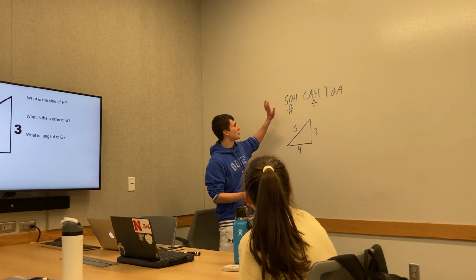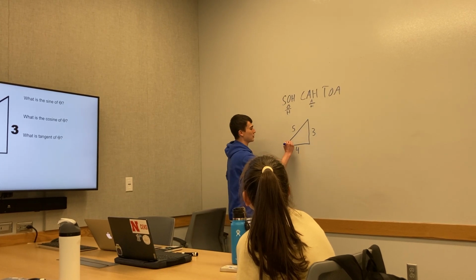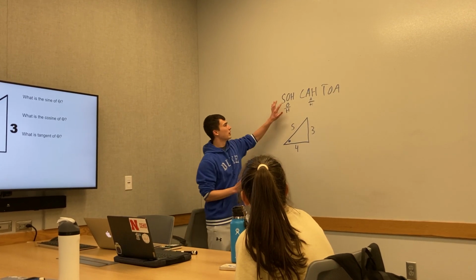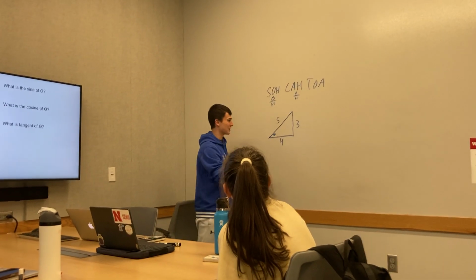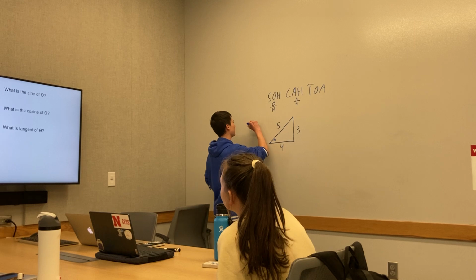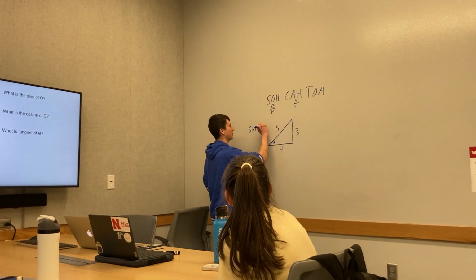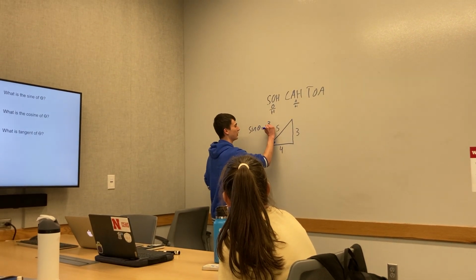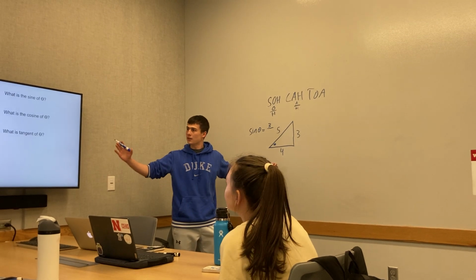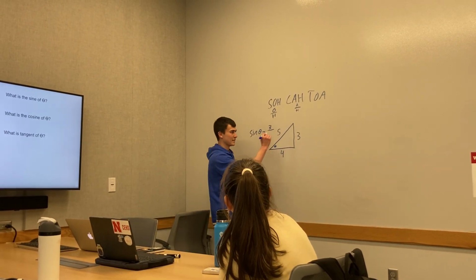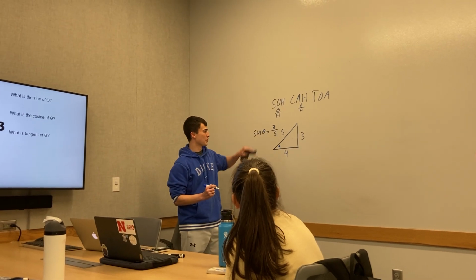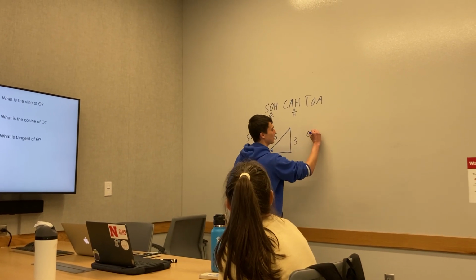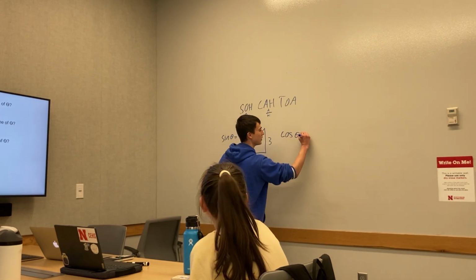Based on SOH, and we're using this angle, what would the opposite of this angle be? 3, that is correct. So if we have sine of theta, we have 3 over, and then what is the hypotenuse? 5, that's right. So sine of theta is 3/5.